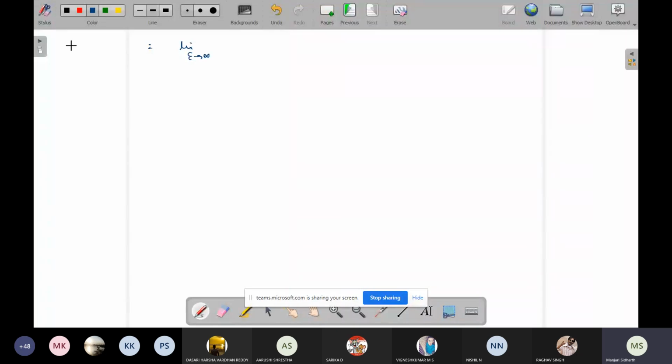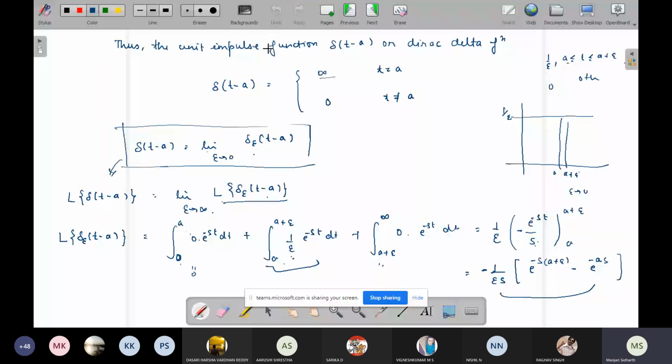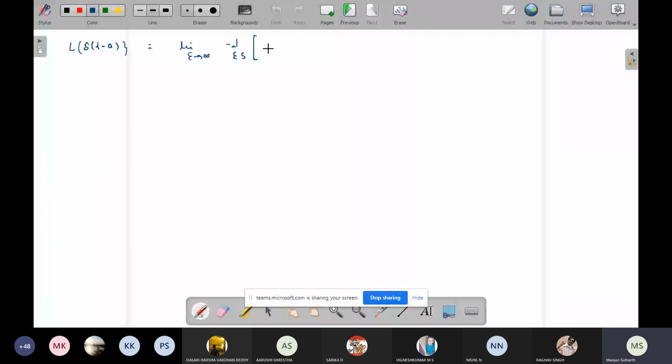Now I'm directly writing the Laplace transform of the Dirac delta function: e power minus as, then you can write it in this form, e power minus epsilon s minus e power minus as.